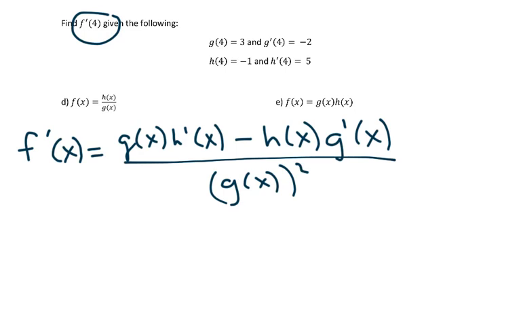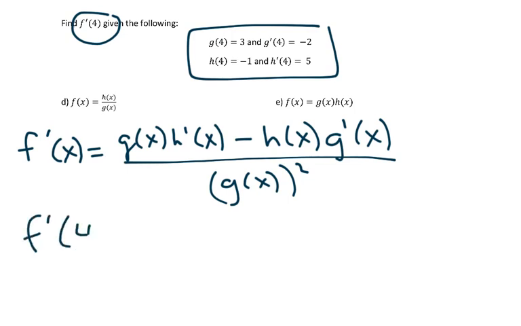What's nice about this is that we are given values for what's happening at x equals 4. So if I'm looking for f prime of 4, I am going to just plug in these values.